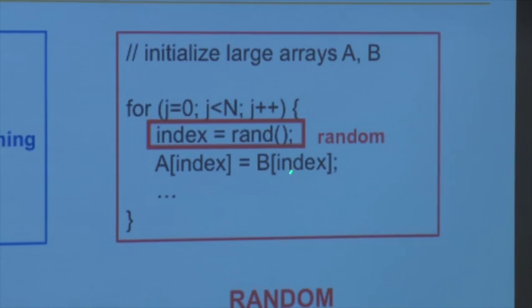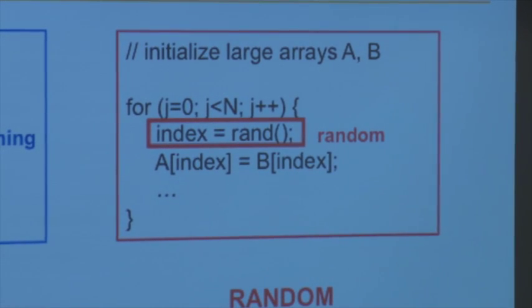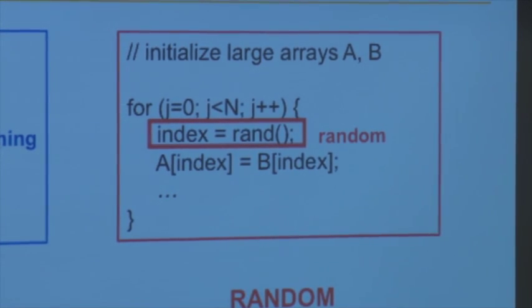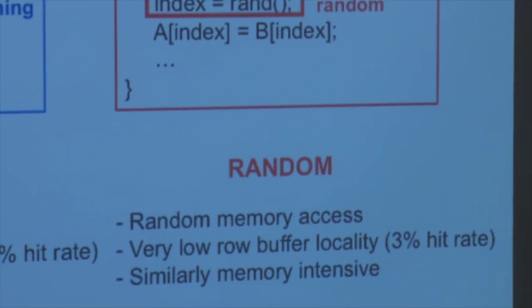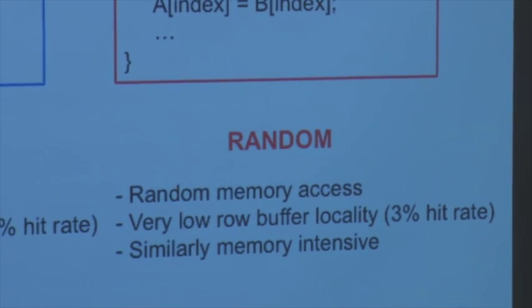You're copying array B into array A, element by element, except you're not going through elements sequentially, but randomly through each array. You're taking a random location in B, copying it to the same random index in A, and picking another random location and copying it into the same random index in A. Now you don't have very good row buffer locality, because you're not streaming through the row buffer.